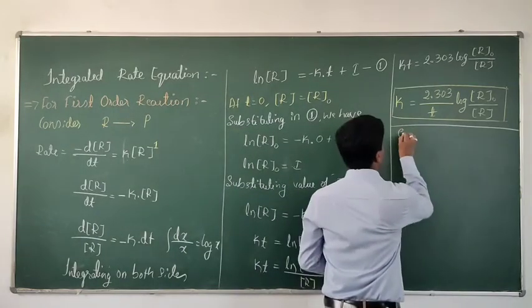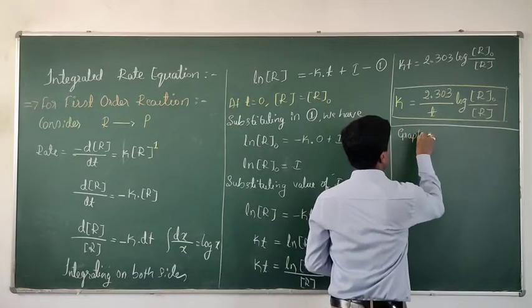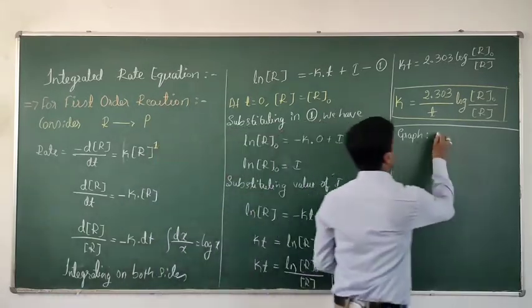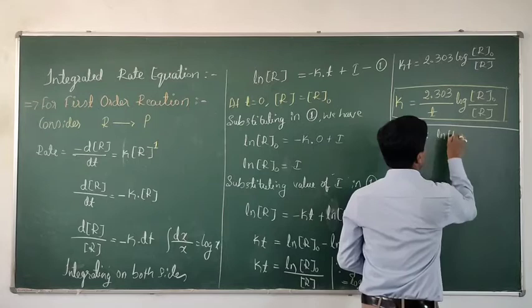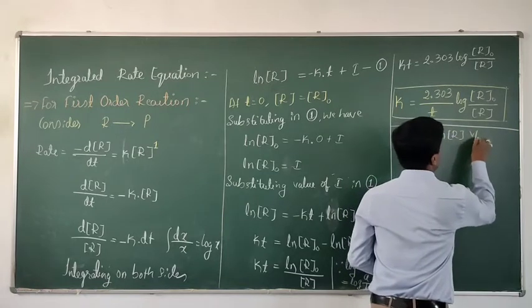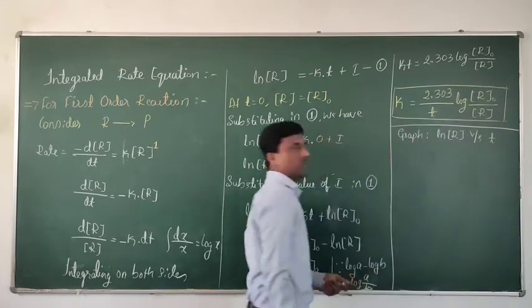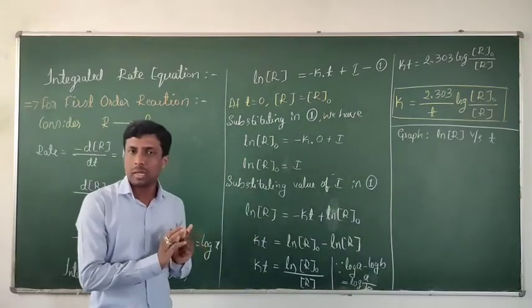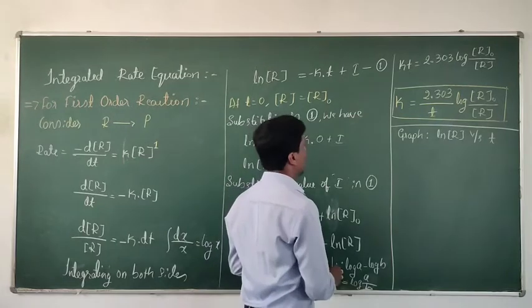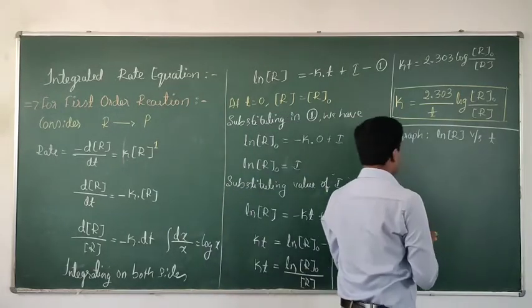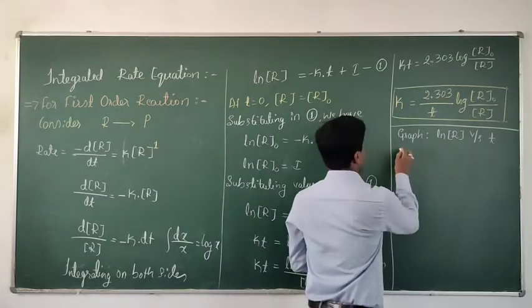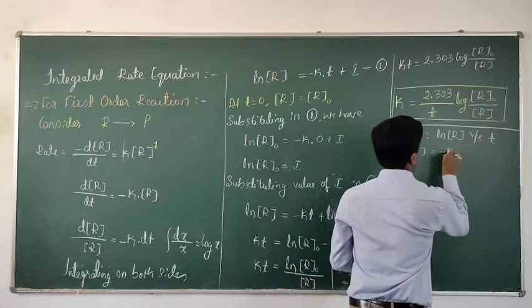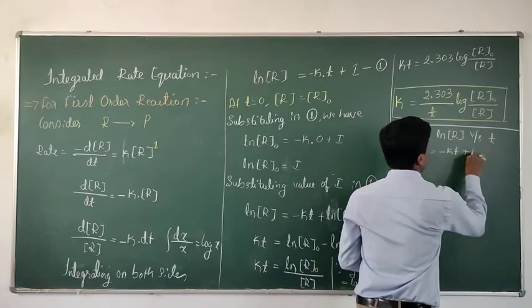Okay. The graph is between ln r versus time. We are not taking r, we are taking ln r. Ln r is y here. In which form is it? Ln r is equal to minus k into t plus ln r naught.